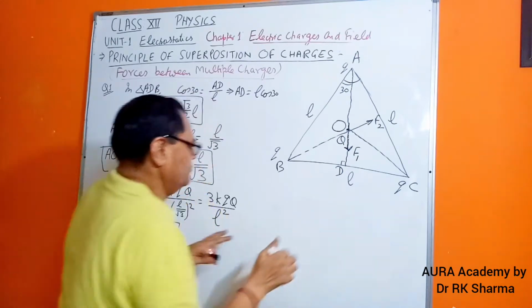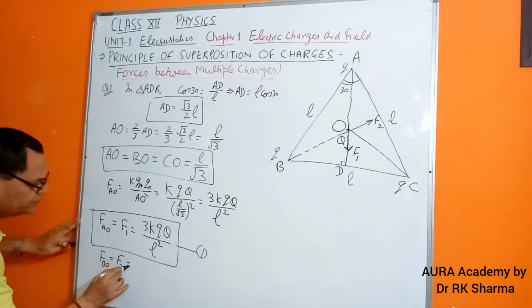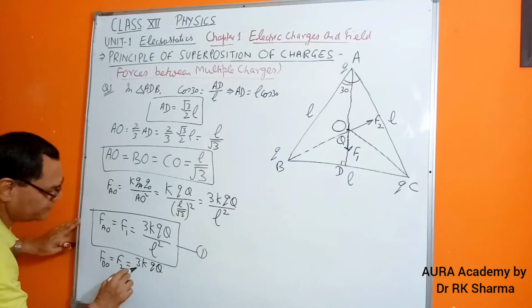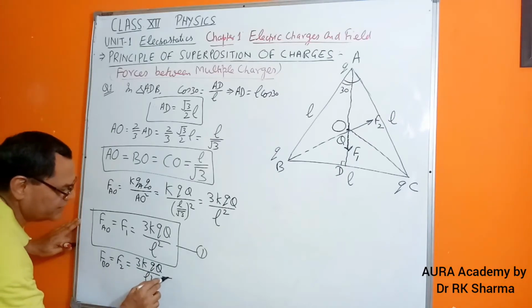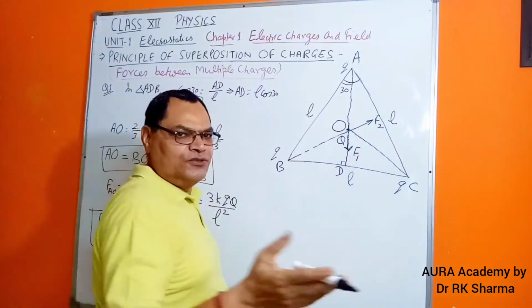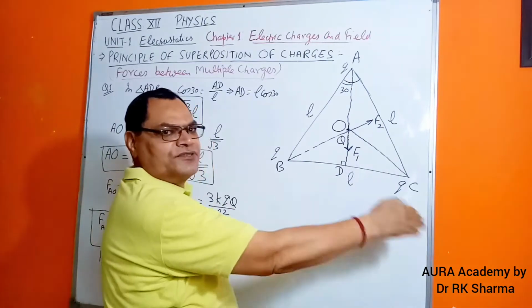And similarly, let me write it first: FBO, which we are calling F2, is also equal to the same, that is 3Kq capital Q upon L square. This is number 2. Now think about this. I think you are smarter now. Both are positive, so they repel each other.